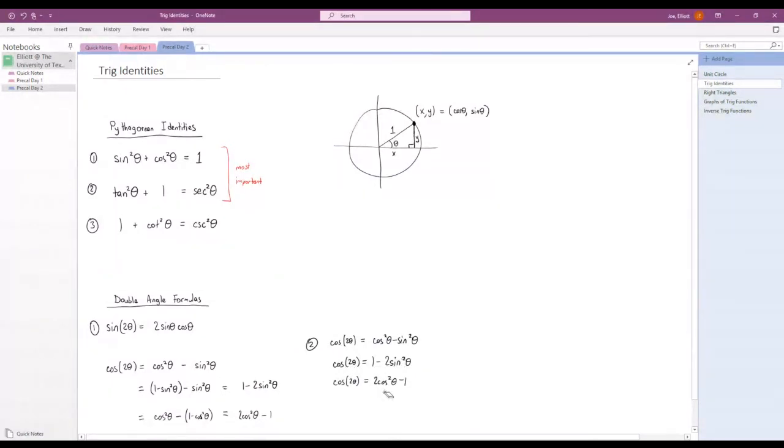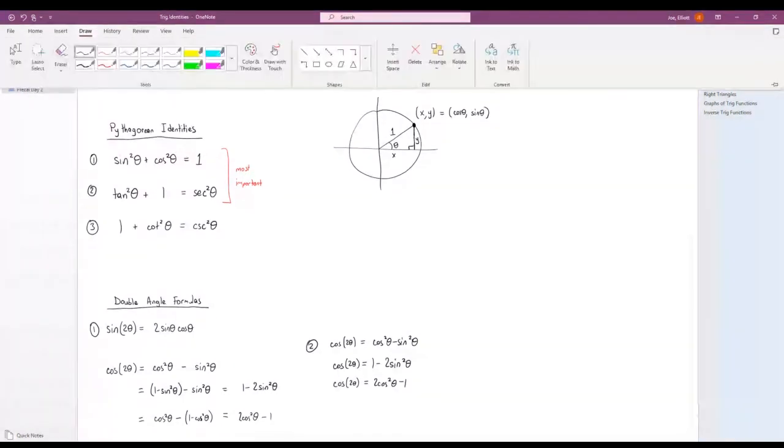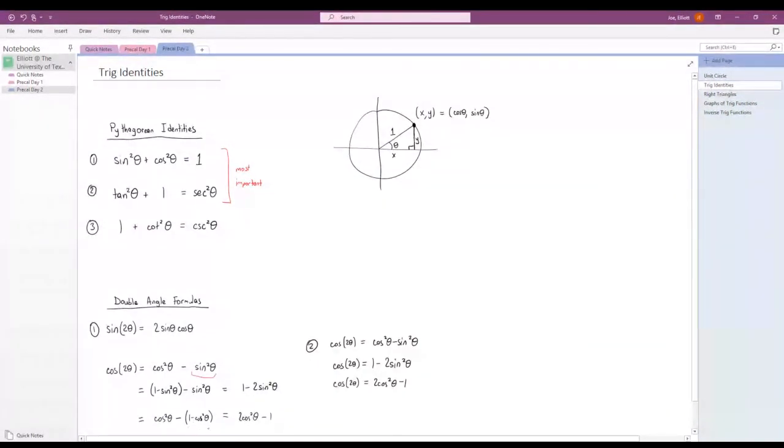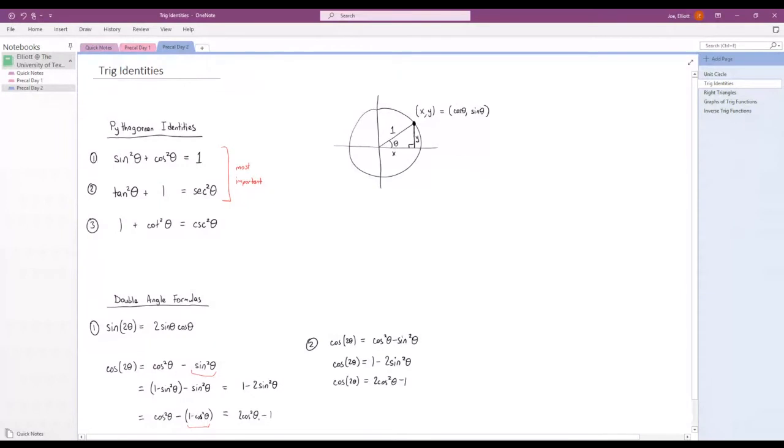If you want to end up with more cosines, you would use this identity. If it seems convenient to have both cosine and sine, you'd want to use this first identity. The third one I got by taking the first one and replacing sine squared with 1 minus cosine squared.